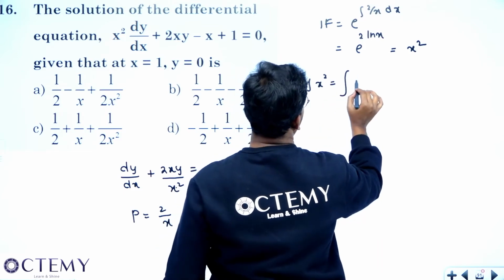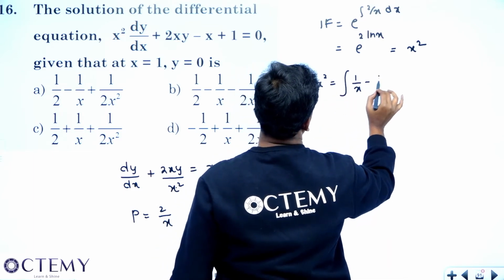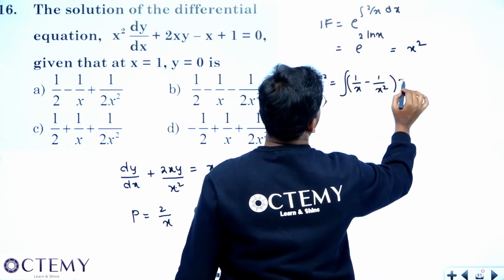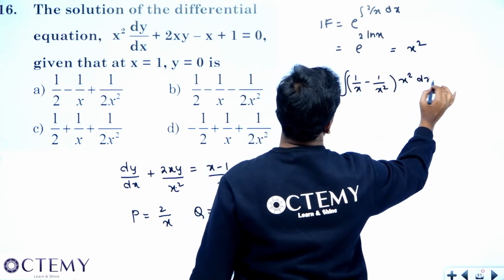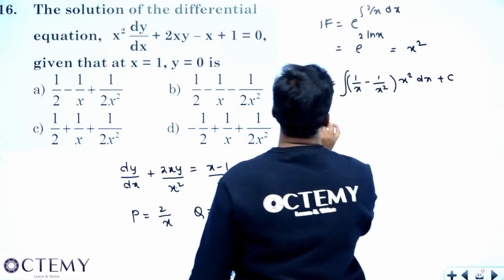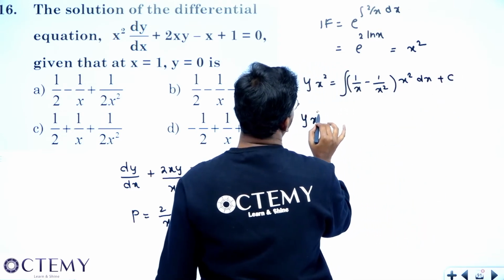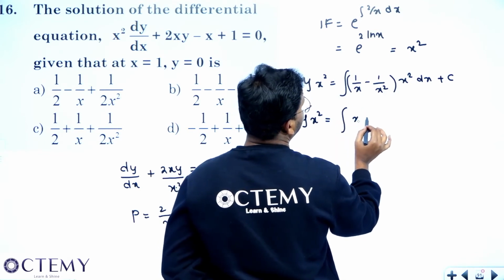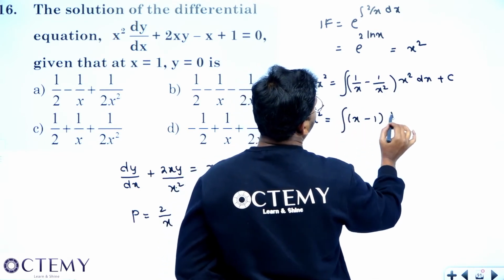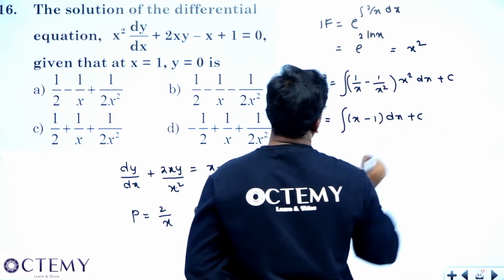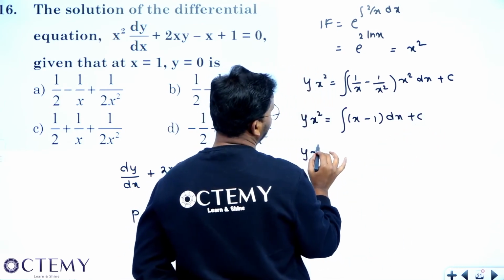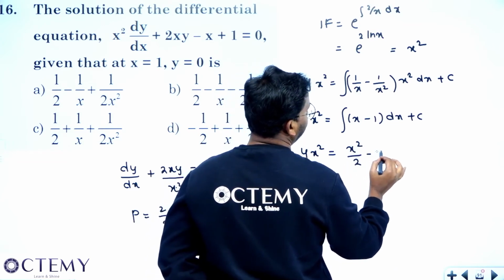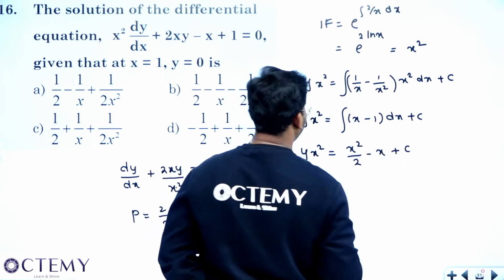What is q? 1 by x minus 1 by x square, times x square dx plus c. So y x square is equal to integral of (x minus 1) dx plus c. So y into x square is equal to x square divided by 2 minus x plus c, right?